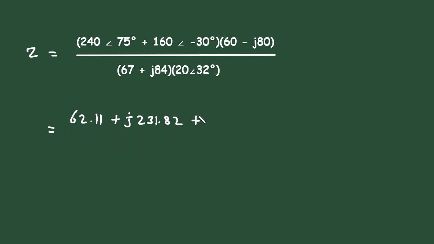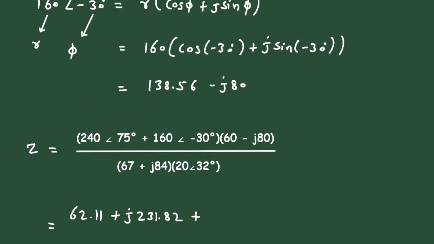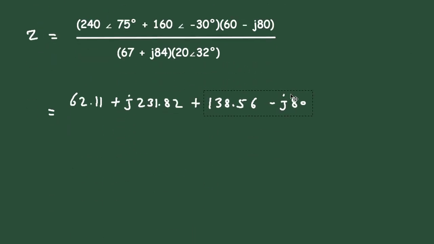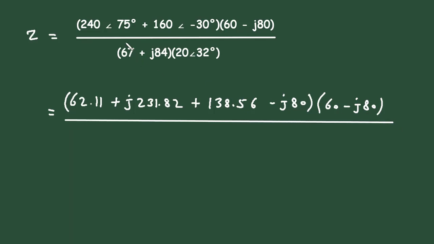Then plus, now in place of 160 at an angle minus 30 degree, we can substitute this value, which is 138.56 minus j80 as it is, divided by this 67 plus j84, 20 at an angle 32 degree.